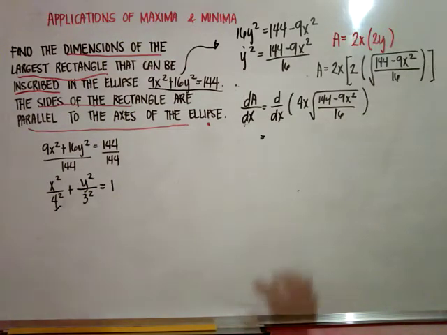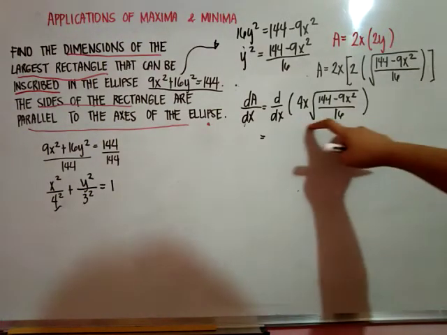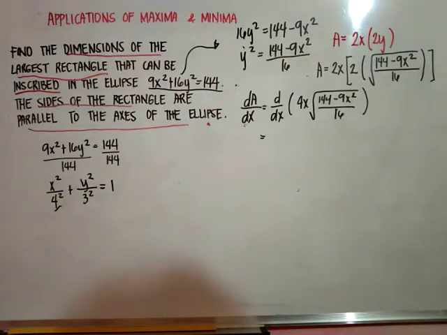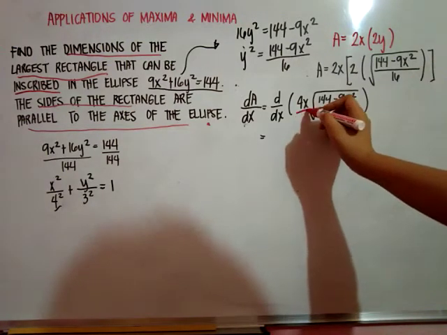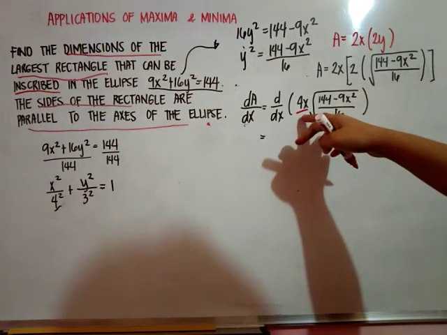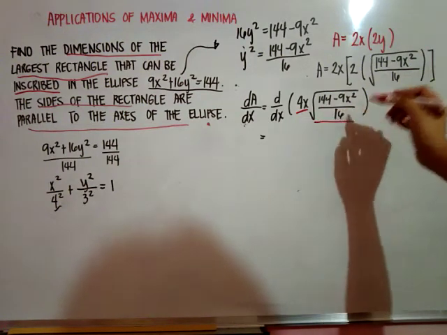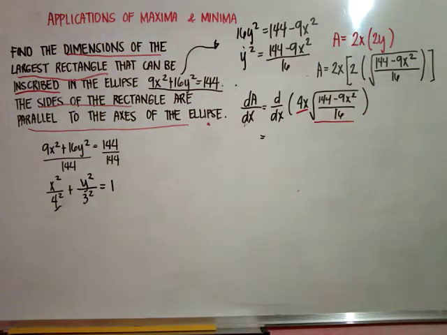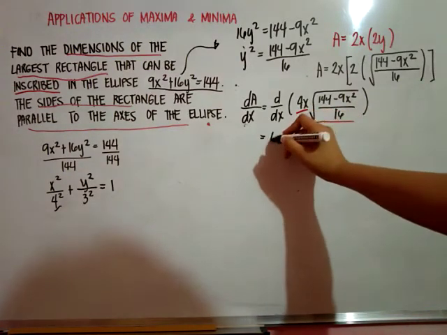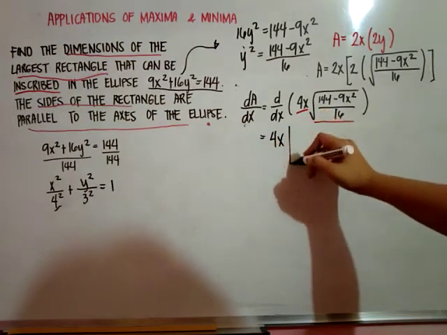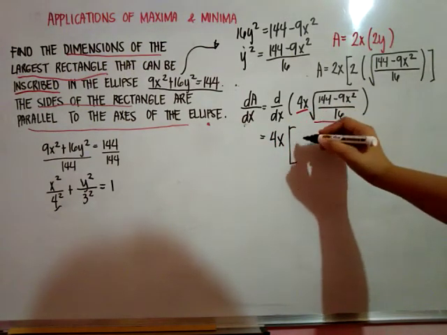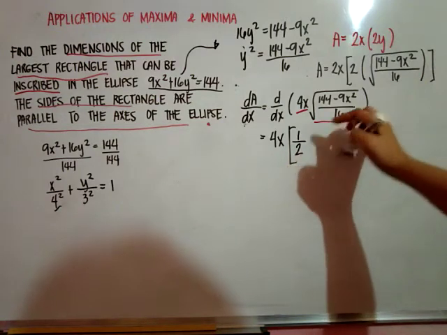So, let's perform the differentiation. We have the product rule. Let's apply the product rule. Let's consider the first term, let this be equal to u. And then the other function is v, the square root of (144 minus 9x squared) over 16. For the product rule, first copy this, then multiply by the derivative of the second. So, we have the derivative of this term.